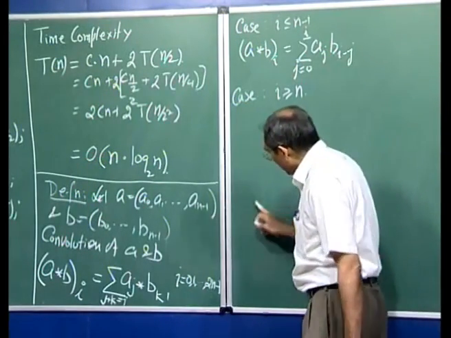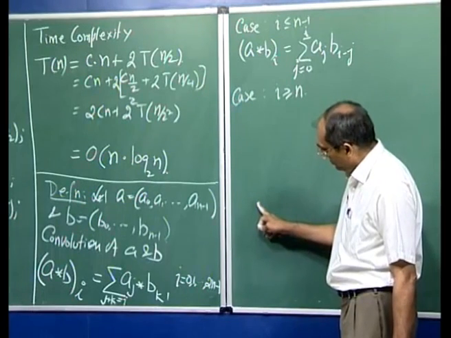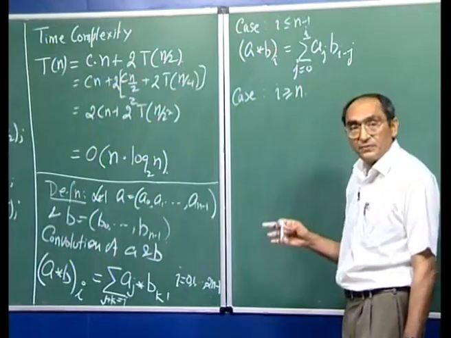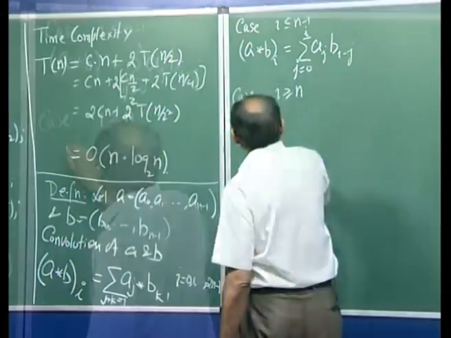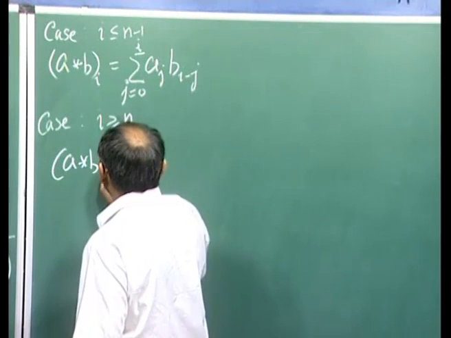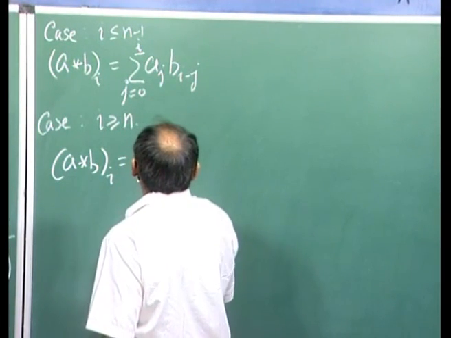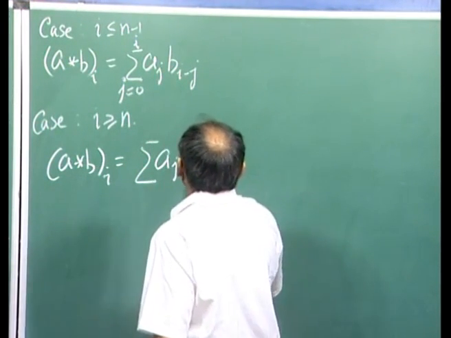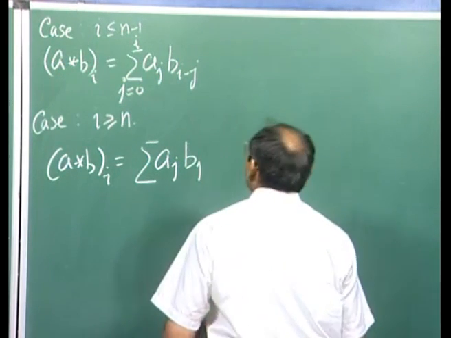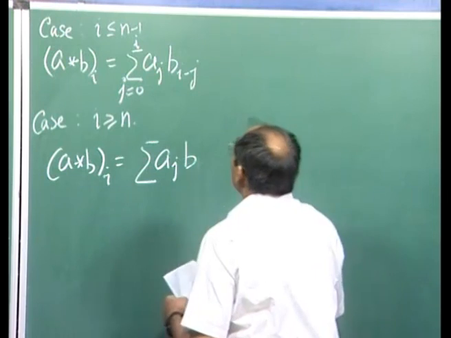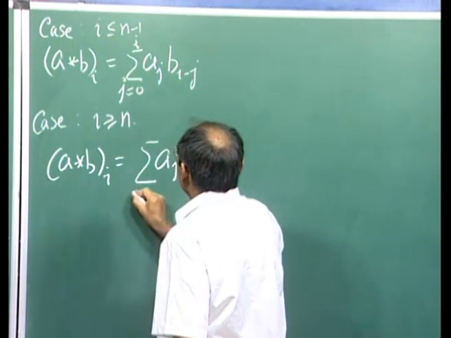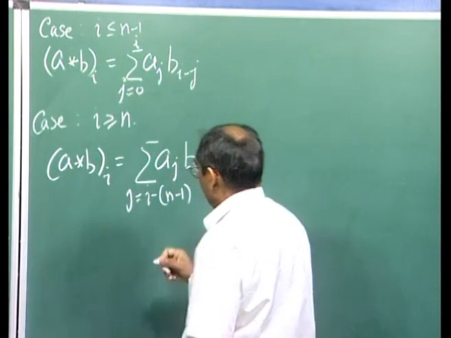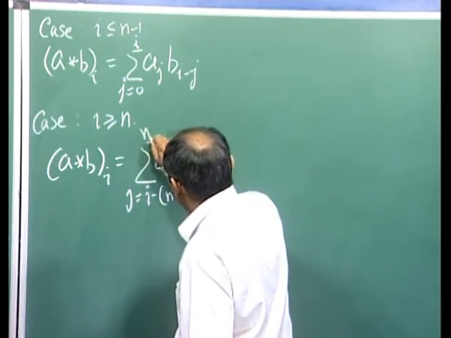So, when we are looking at say the ith component, then i minus (n minus 1) is the first index that will contribute. So, we will have (A star B)_i equals sum of A_j B_{i minus j}, and our j starts at i minus (n minus 1) and goes up to n minus 1.